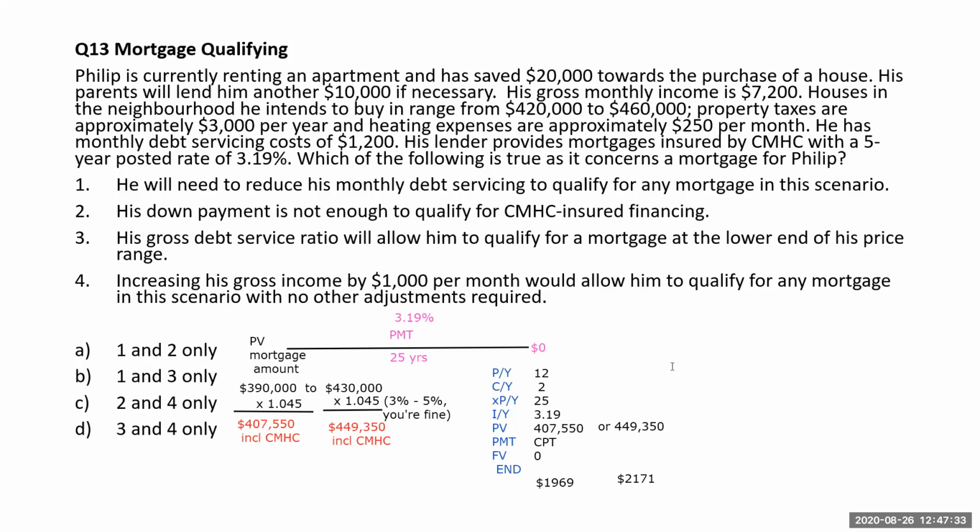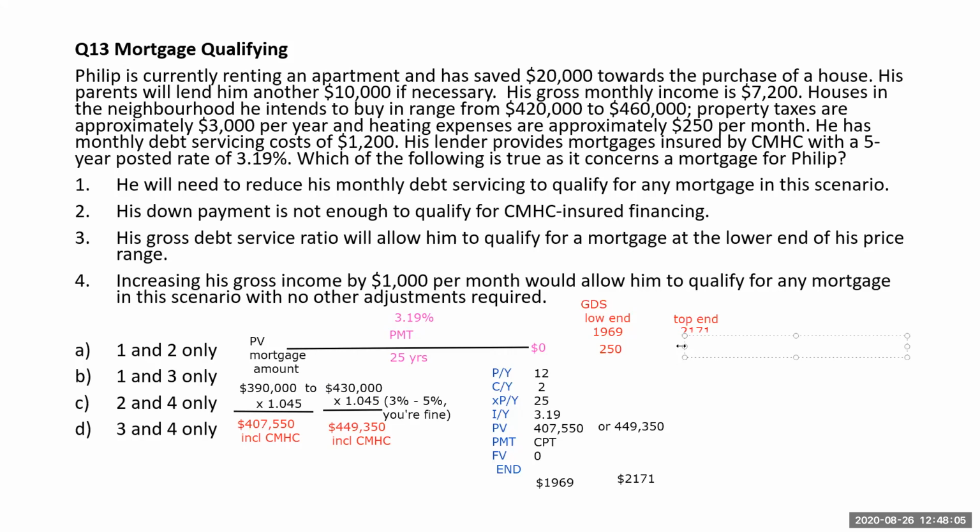Okay, so what else has to go into the GDS calculation? So we have the GDS at the low end and the GDS at the top end. What else has to work into that? Right. Now, I really wondered about this when I wrote this up, that the heat and taxes have to go in. They're both $250. And I thought, should I write them both monthly?